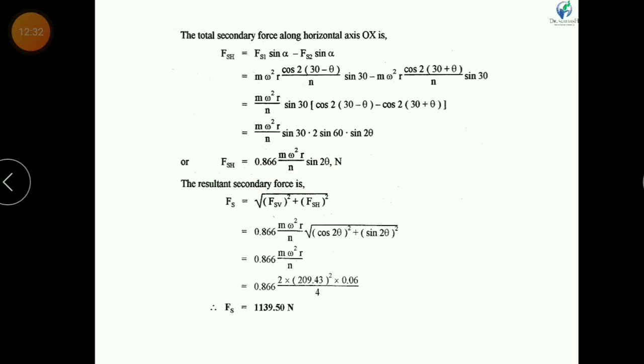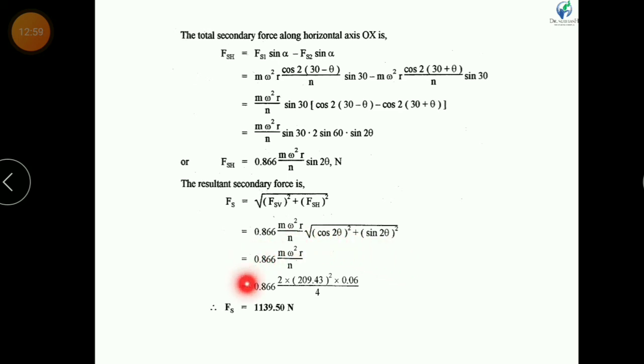So now we have the horizontal component of secondary forces and the vertical component of secondary forces. So we can calculate the resultant secondary force. Resultant secondary force FS is equal to under root FSV square plus FSH square. If we put the value, then we get 0.866 m omega square r upon n under root cos square 2θ plus sin square 2θ.